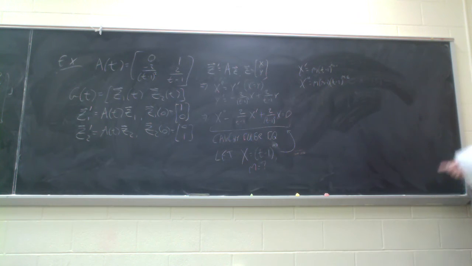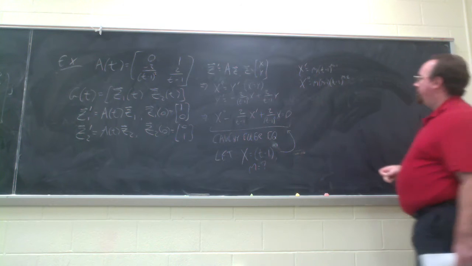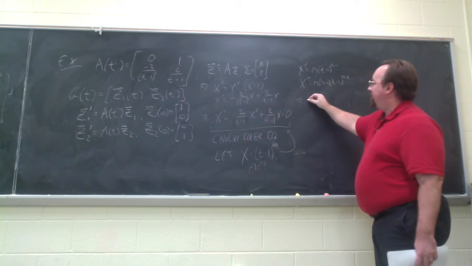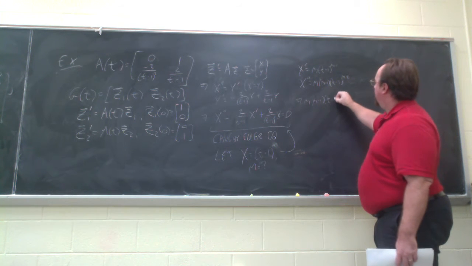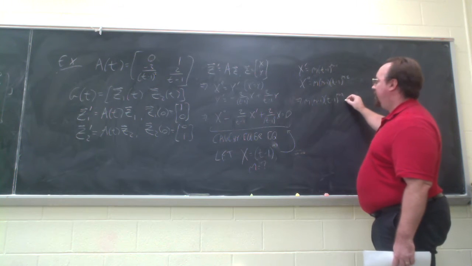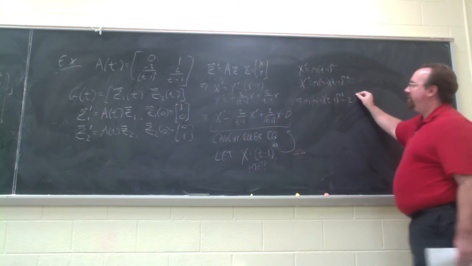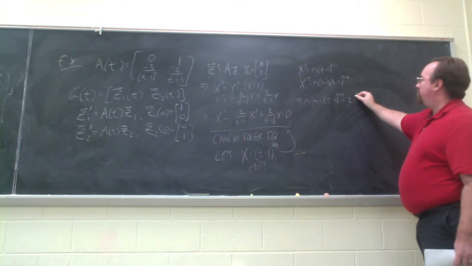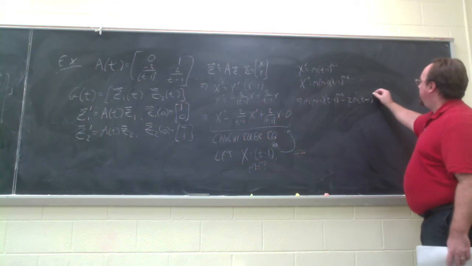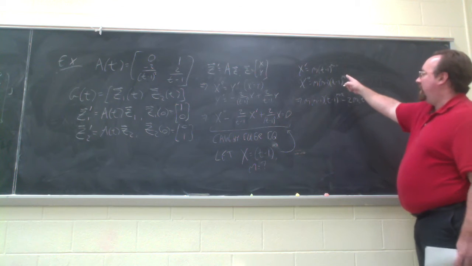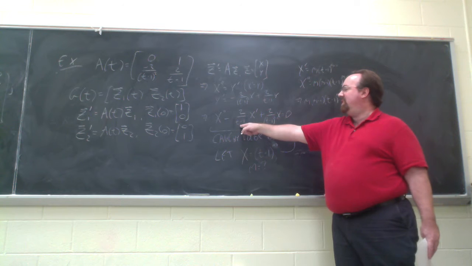Now we can plug all of that into this equation, and we get m times m minus 1, t minus 1 to the m minus 2, minus 2 x prime, so that's m t minus 1 to the m minus 1, but I have a t minus 1 in the denominator.